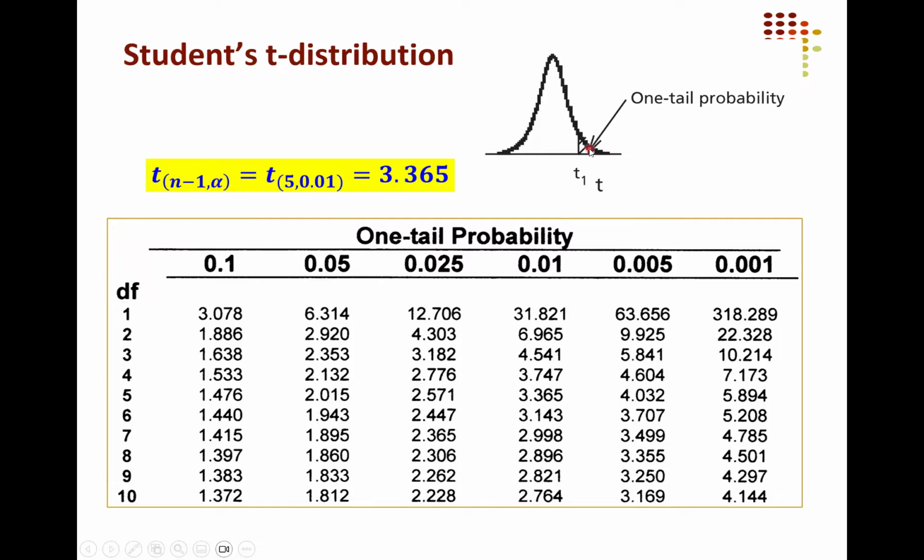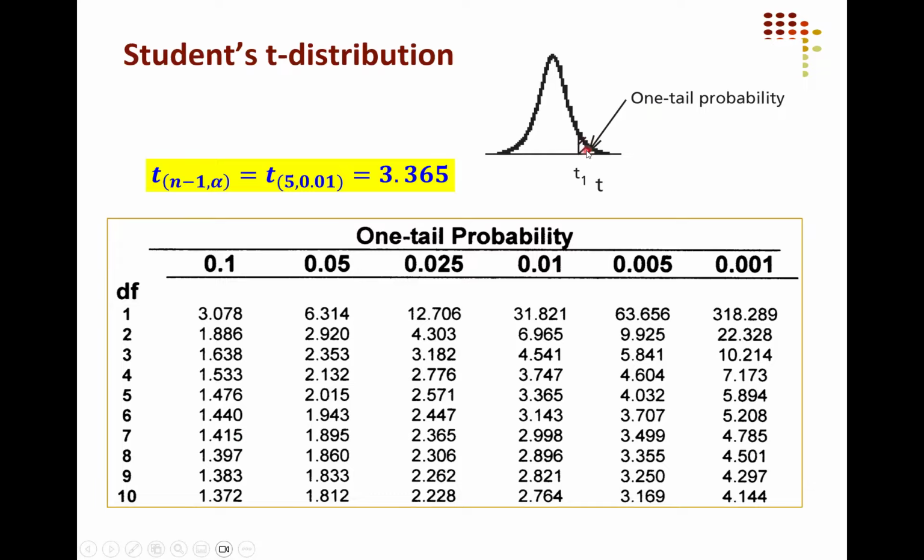So one tail probability, this is going to be the level of significance. So at some given level of significance, the abscissa values are given. And the significance level has been defined only in the upper tail.